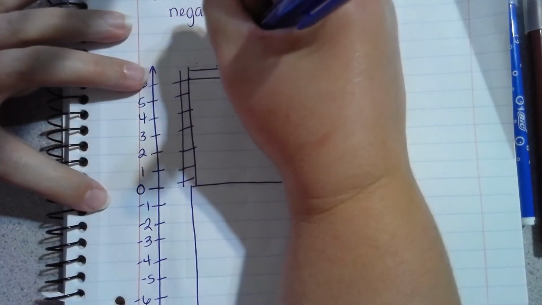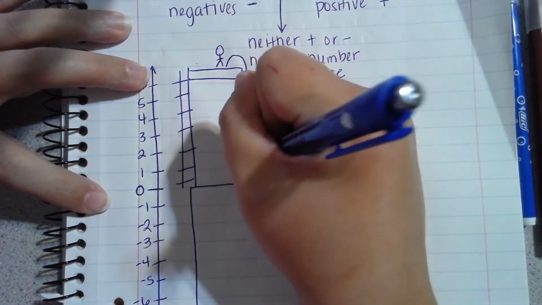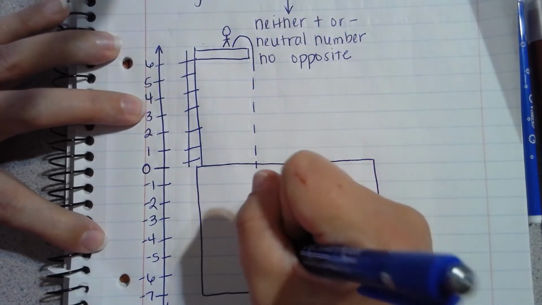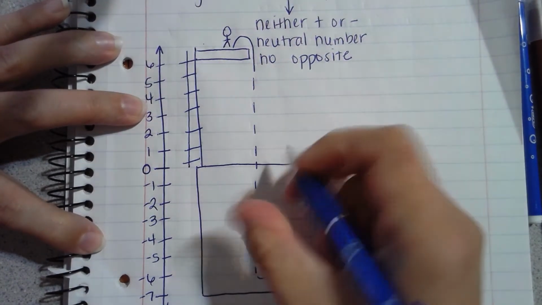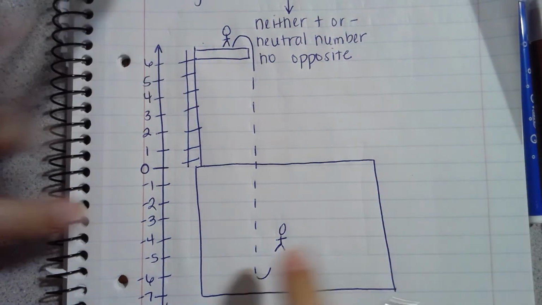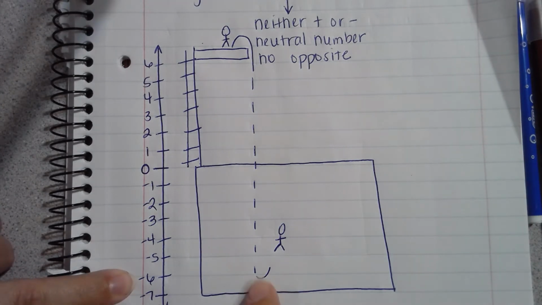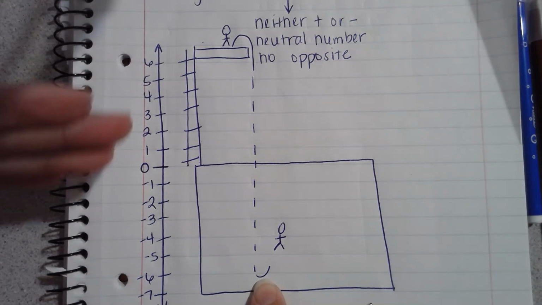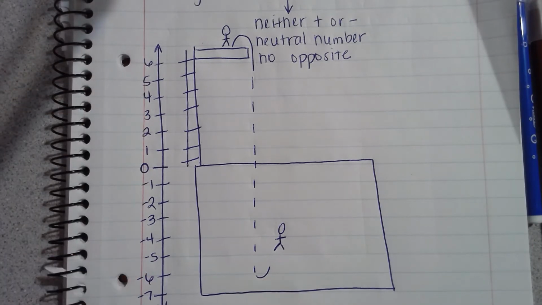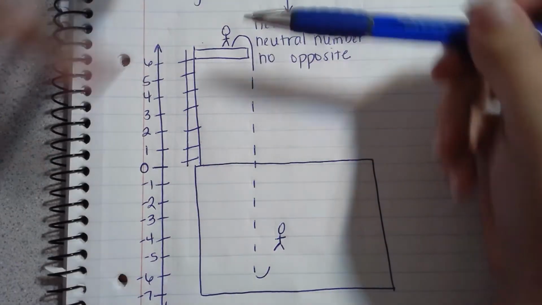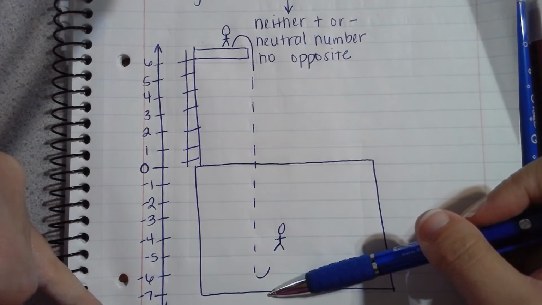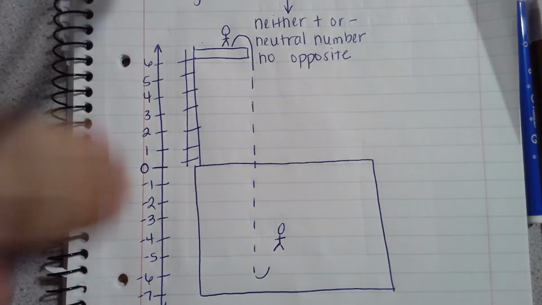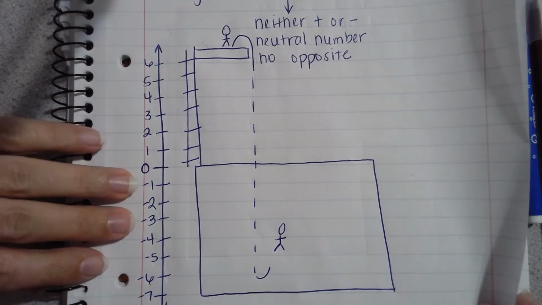And then when you dump off the diving board, there's 0. And then you're going to fall below 0. You came all the way down here to -6 feet. So you went 6 feet above the water, and now you're 6 feet below the water. So a positive 6 feet and a negative 6 feet. Okay? So that's a situation where you would want to use a vertical number line.